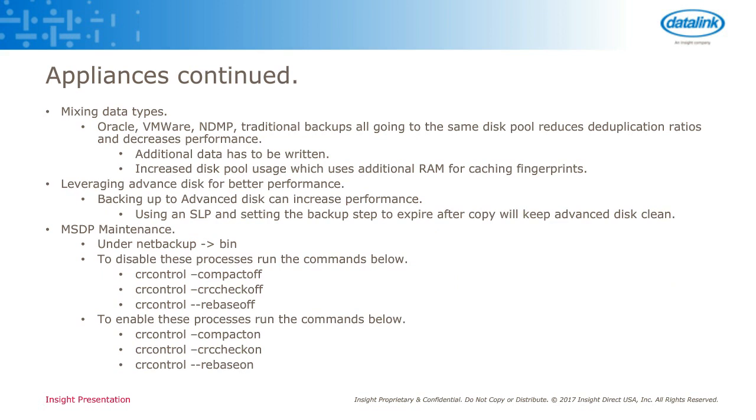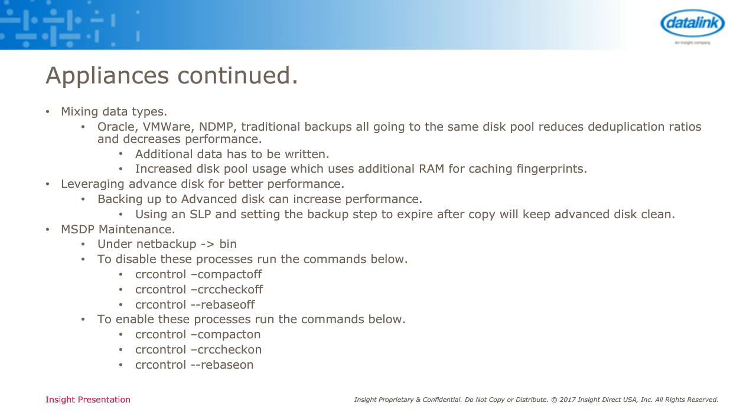Another performance point on appliances is mixing data types. With MSDP pools, their deduplication engine will break up the data and match the data to see if the block exists on storage. The basis of deduplication is not to write the same block of data twice, to simply use pointers.